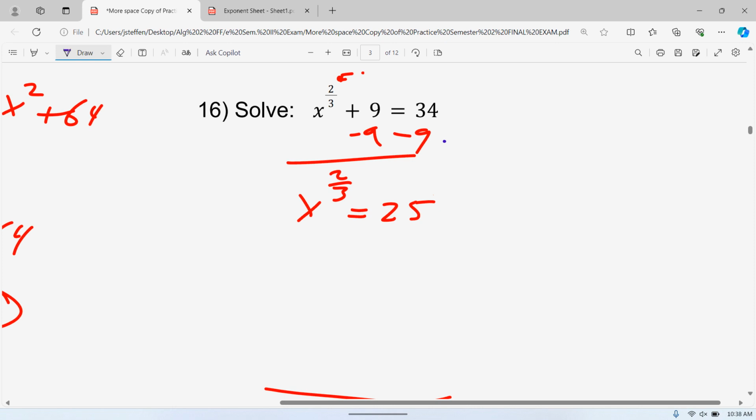We take both sides raised to the 3/2, so these 2/3 and 3/2 cancel. I got x is equal to 25 to the 3/2. I would just put that in my calculator: 125 raised to the exponent, and then put 3 over 2 as your exponent. It ends up being 125.